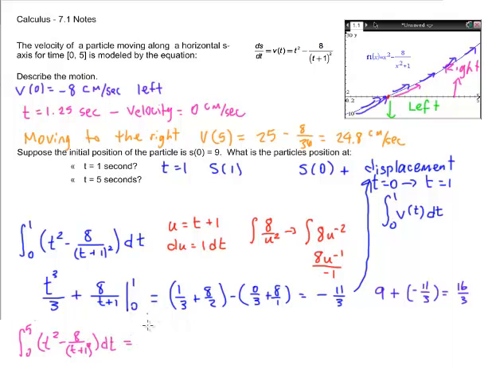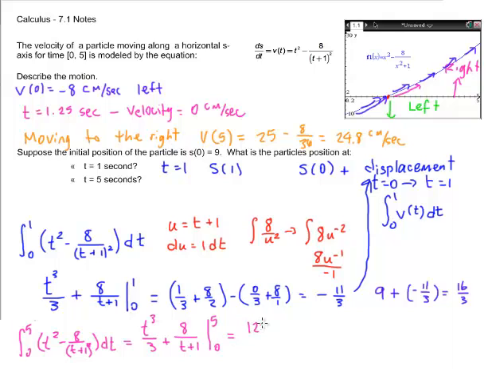And that's going to give us the same thing that we just had in blue, which is going to be t cubed over 3 plus 8 over t plus 1. And we're going to evaluate this now not from 0 to 1, but for the full 5 seconds. And so now that gives us a little bit different numbers.